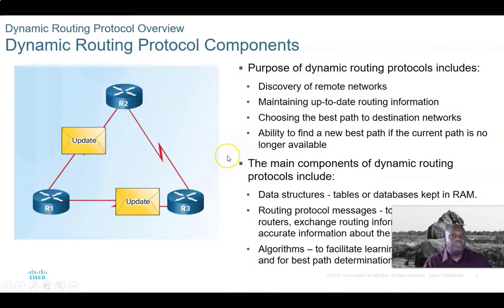Moving right along, so dynamic routing protocol, in a nutshell, routers communicate to routers. That's what dynamic routing protocol is all about. One router talking to its directly connected router. And when I say talk, it's really giving that router its presence. And when we talk about presence, we talk about the routing table. This is who I am. This is what I got connected to me and a router that's connected to them.